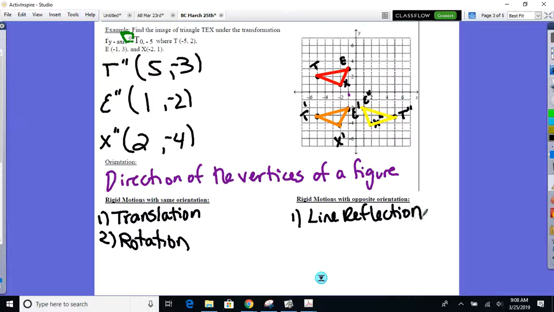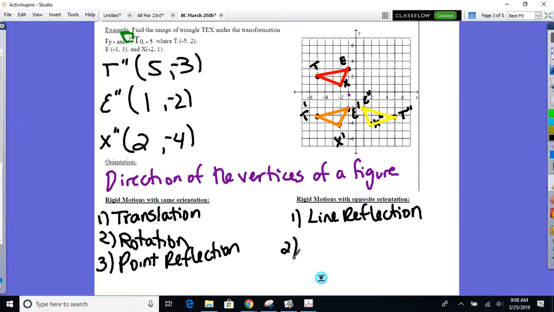Well, what else could you reflect over? Tomorrow, we're going to start reflecting through points. And you'll notice the orientation does not change when we reflect through a point. So that's why there's a number 3 over here. Point reflection. When you reflect through a point, orientation does not change, but with a line it does.